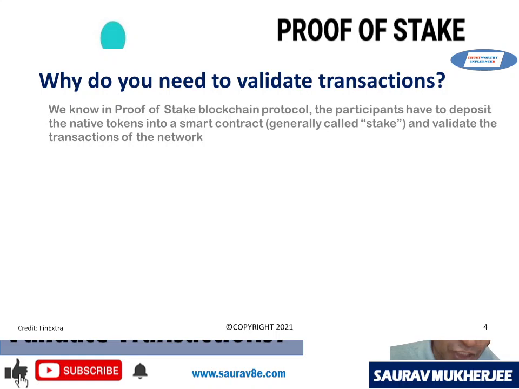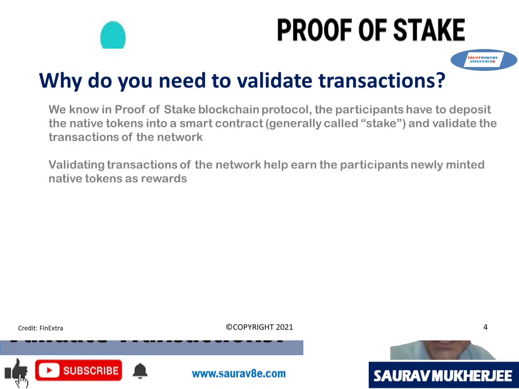That means other transactions of that network. Validating transactions of the network helps participants earn newly minted native tokens as rewards. That's the carrot, because of which you would validate transactions, and you would earn more newly minted native coins.